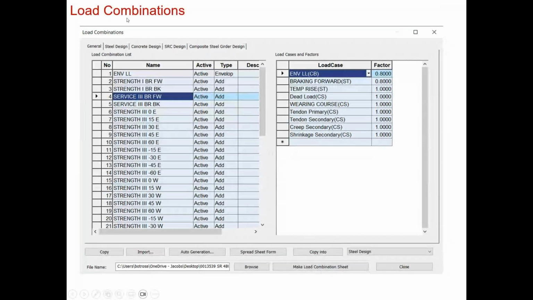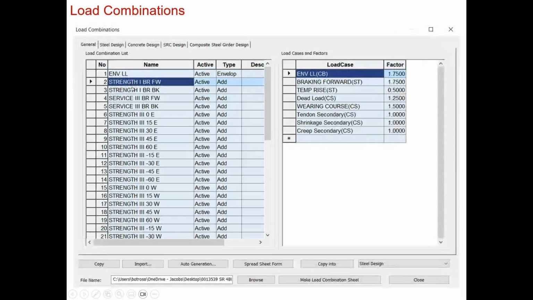An important aspect before jumping to the final results is the load combinations. When you compile the loads for service, dead loads, and the wearing course, make sure to include both the tendon primary and secondary effects, because you will be looking at stresses at service level, and of course the creep and shrinkage secondary effects as well.